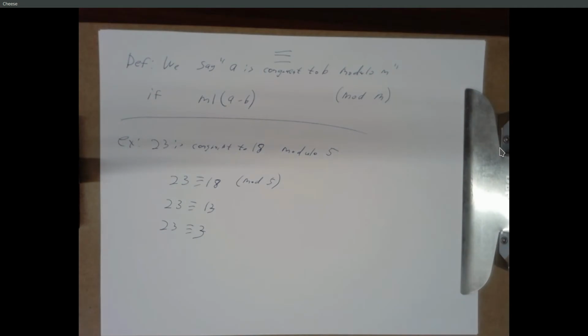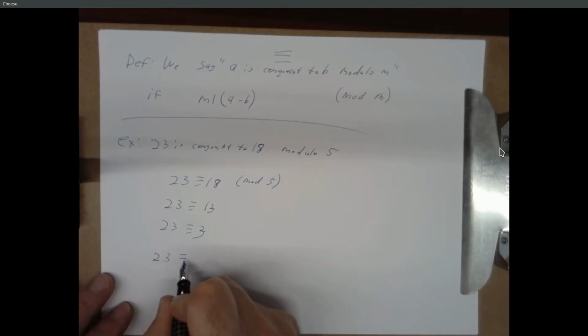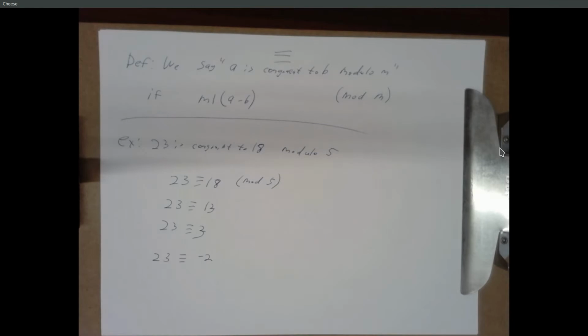Because 23 minus 18 is 5. So 23 is also congruent to 3 because 23 minus 3 is 20. 23 is also congruent to minus 2. Why? Because the difference of 23 and minus 2, 23 minus minus 2, is 25. And that's divisible by 5.